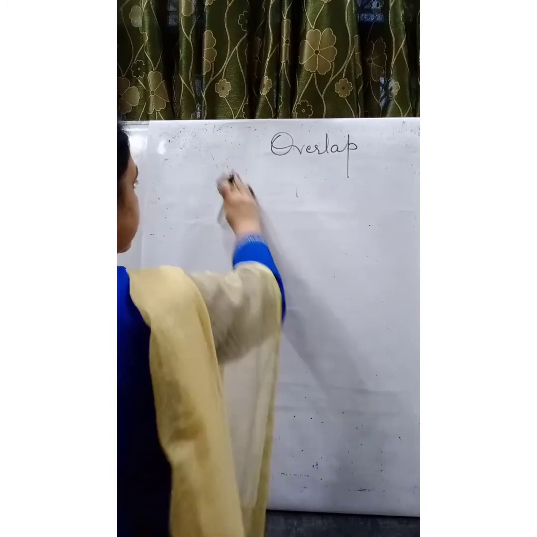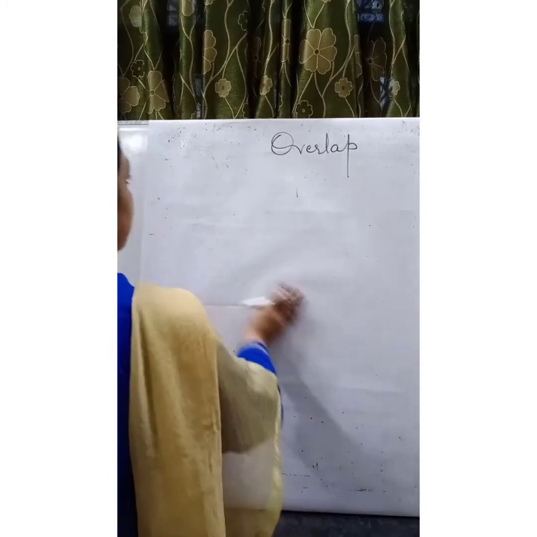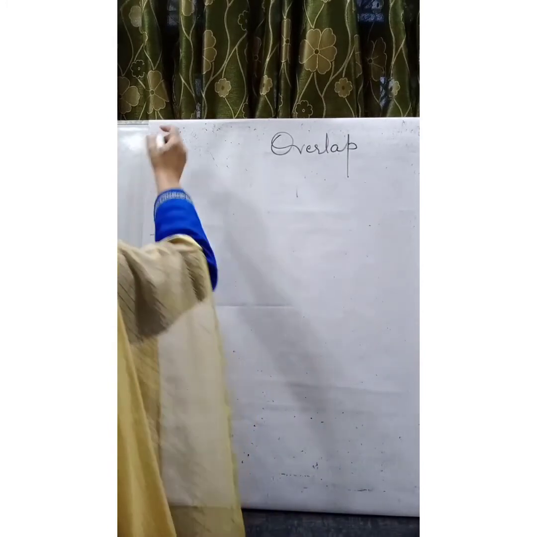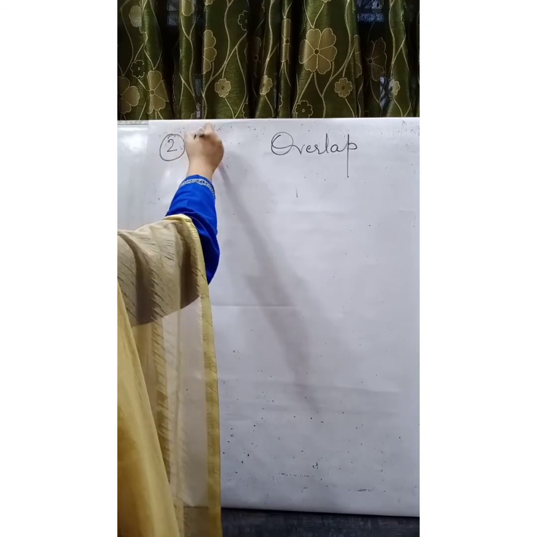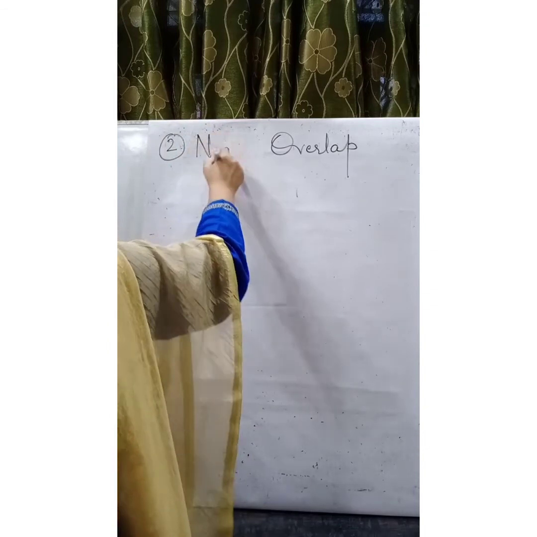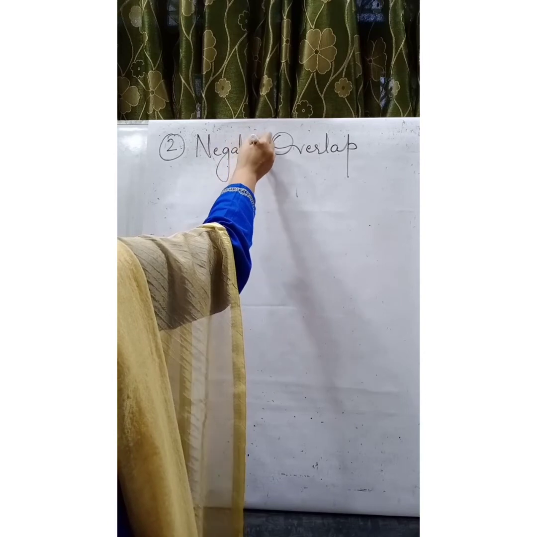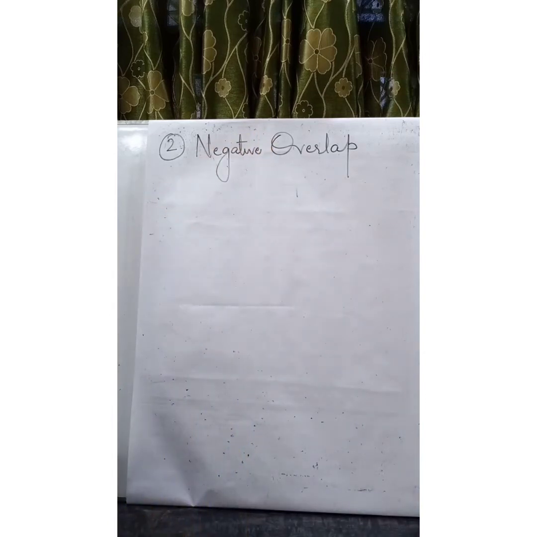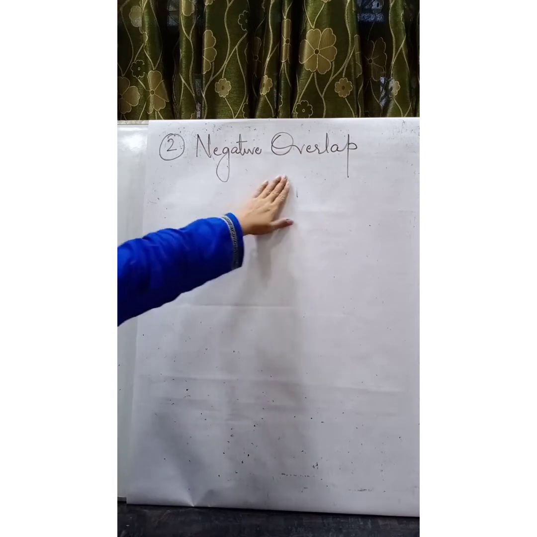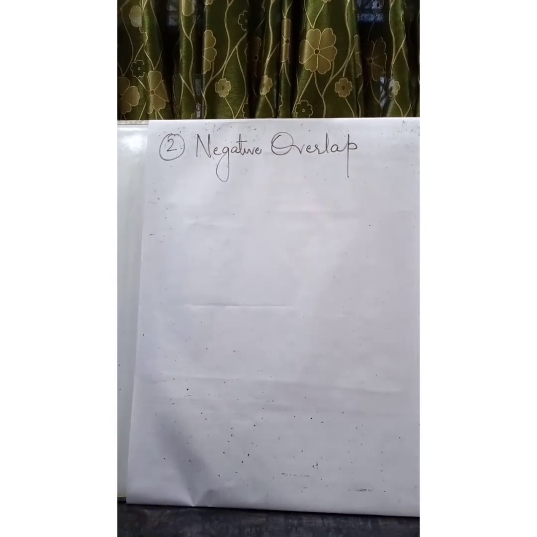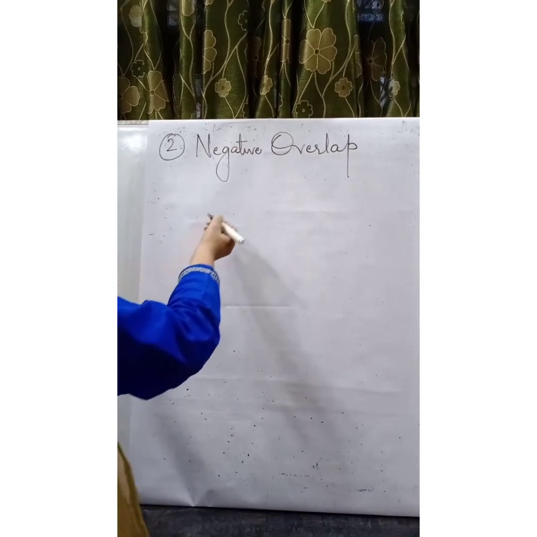As you have seen in maths, when we take the product of a positive and a negative number, we get the result as negative. So here also, when a positive atomic orbital which has maximum electron density overlaps with the negative lobe of another atomic orbital, it results in negative overlap.